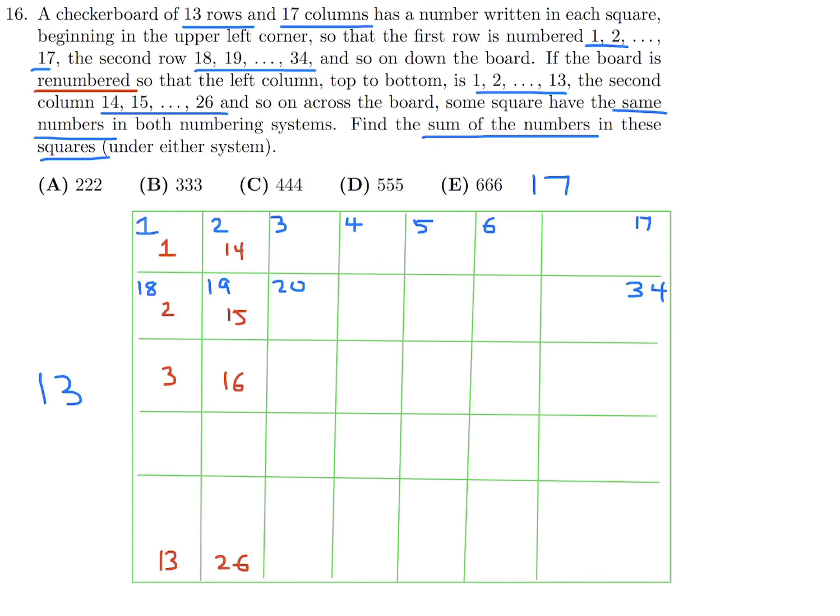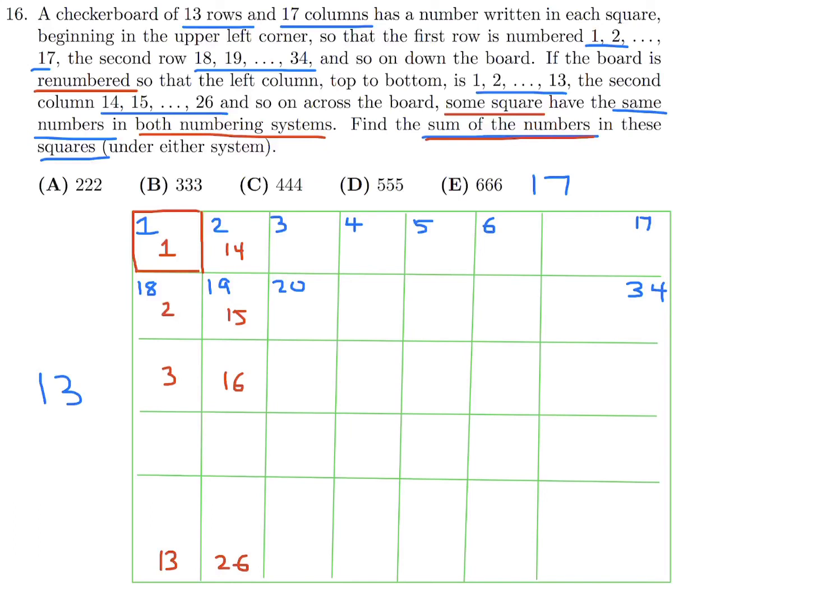If you do this whole thing, they're saying that some squares will have the same numbers in them. And a good example of that is right here. Do you see how that square has the same number with both numbering systems? So they're saying, first of all, find all those squares and then add them all up. Find the sum of the numbers in those squares.